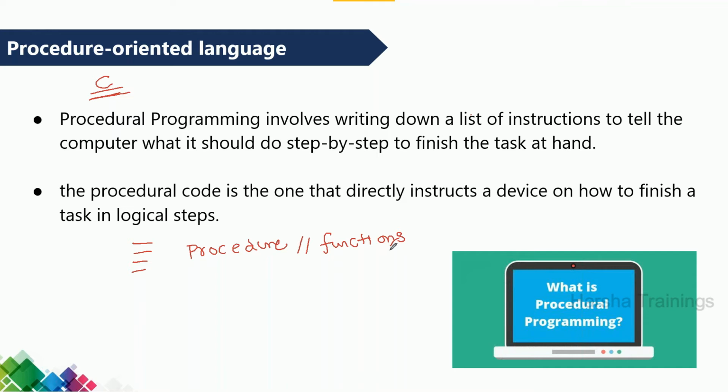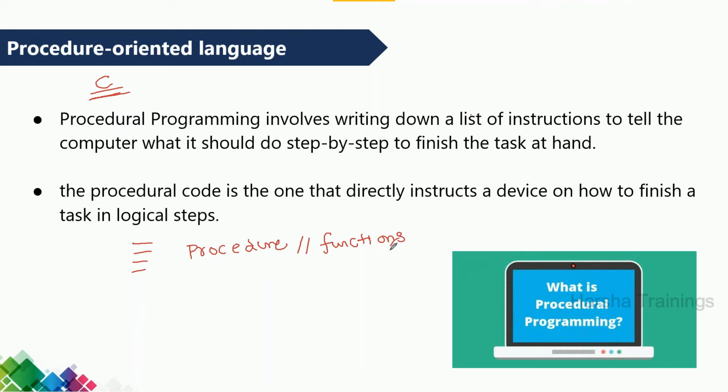In this program, your aim is to perform addition of two numbers, subtraction of two numbers, and suppose some other operations have to be performed. Instead of writing all the operations in a single program, I am dividing the program into multiple parts.